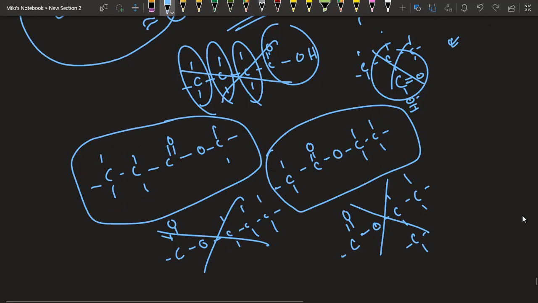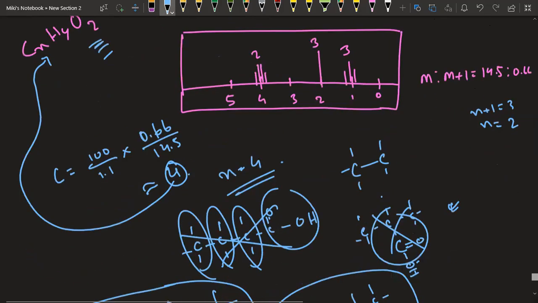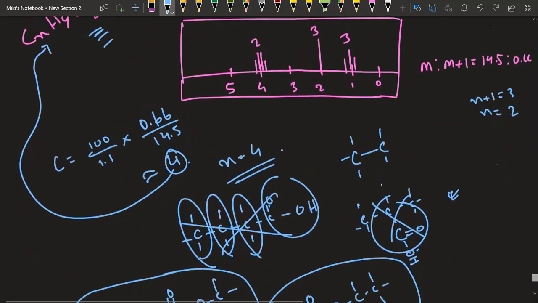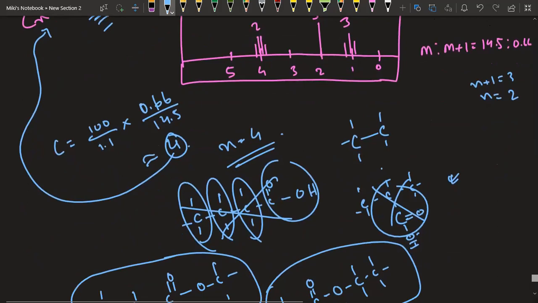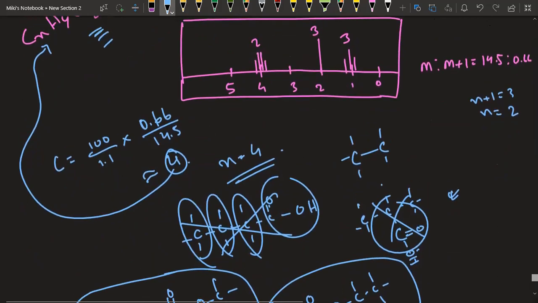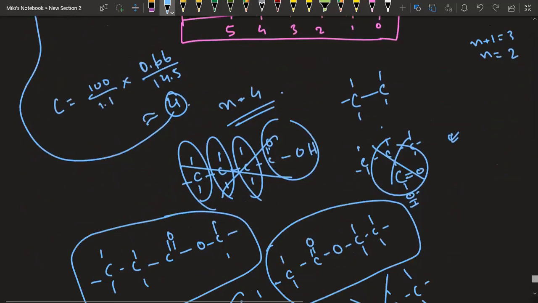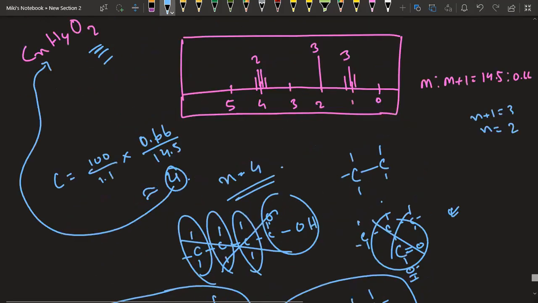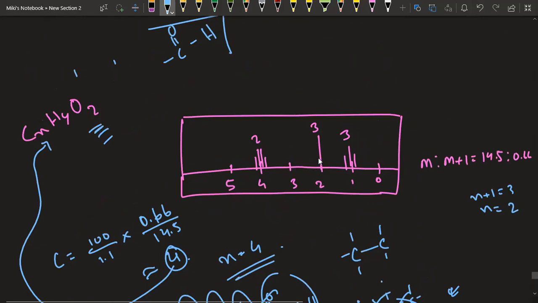Let's see. Now, whatever the information is given here, we have a singlet there. Talking about the singlet, that means the carbon we're talking about, its adjacent carbon should have 0 hydrogen.